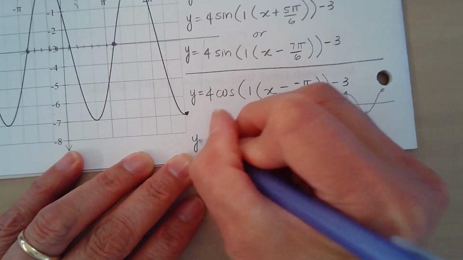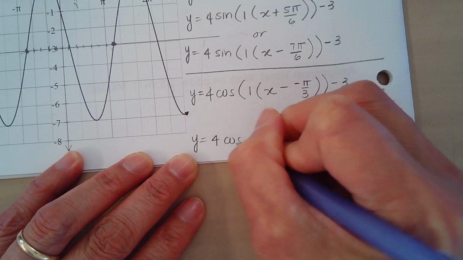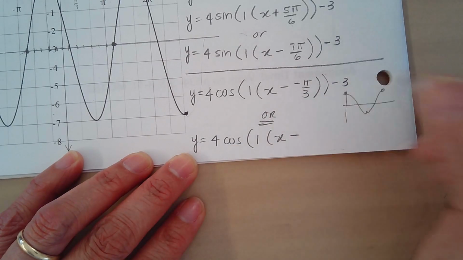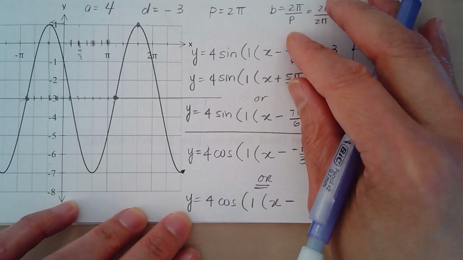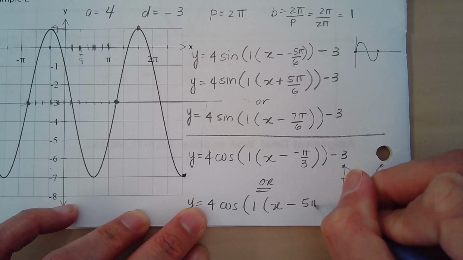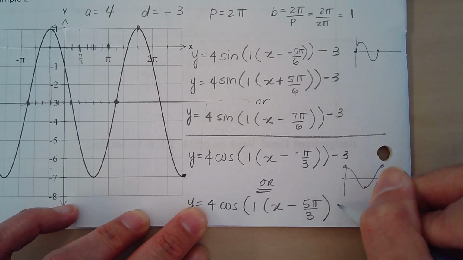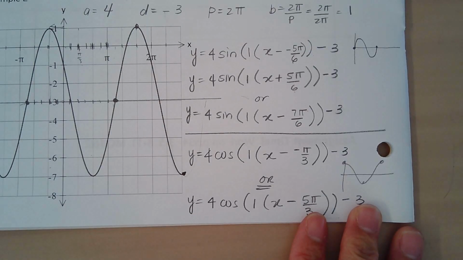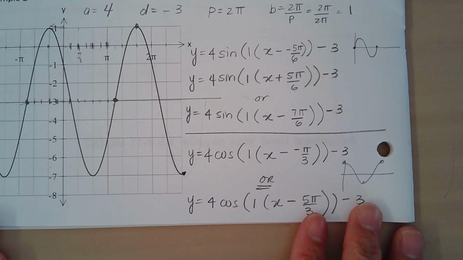Okay. Minus, what's this one here? 5 pi over 3. Minus 3. Okay? It's good.